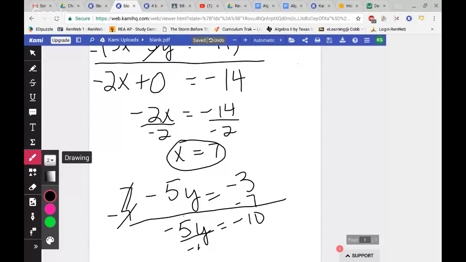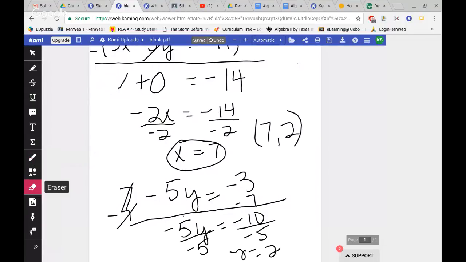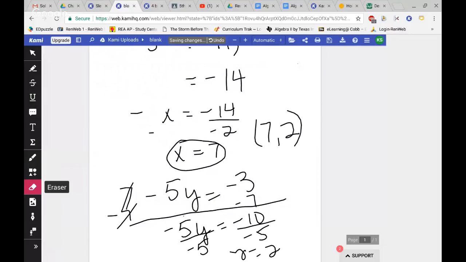Divide both sides by negative 5, and that's going to give me y equals 2. So my ordered pair for this one is 7, 2. Okay? Any questions about that so far?